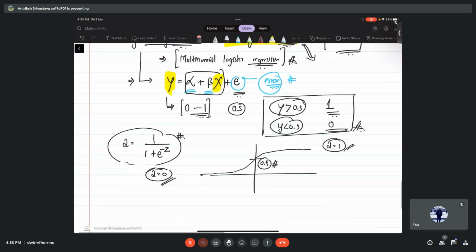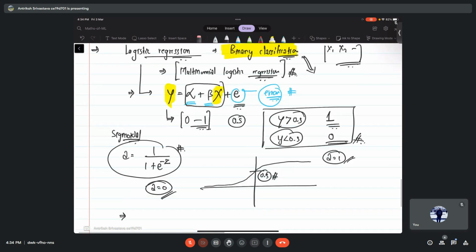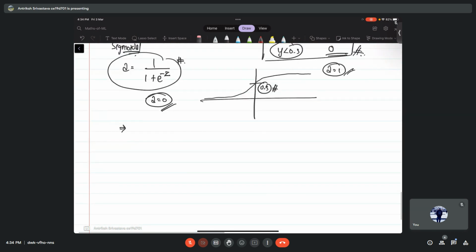So how do we use this sigmoidal function in logistic regression? Let's see how we do this. We would have seen that instead of y, we are going to call the probability of occurrence, probability of our outcome, as p.